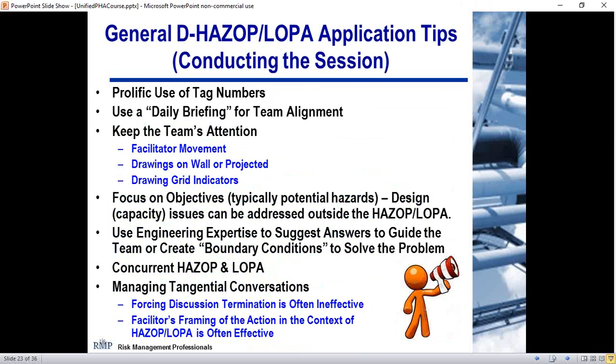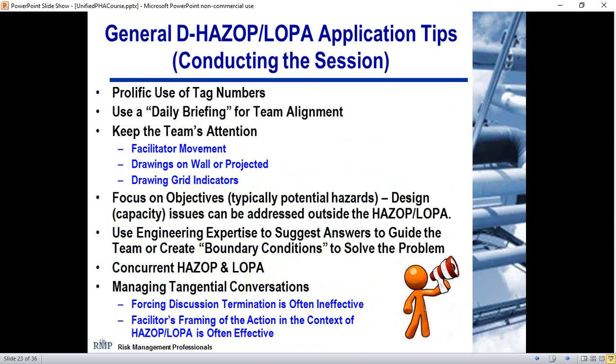Your objectives are probably safety and operability, with an emphasis on safety typically, especially if it's during the design. Capacity issues and a lot of these ancillary, tangential issues can be addressed outside the HAZOP and LOPA. Don't hesitate to make an assignment to the 2 people in the room of 10 who really have to resolve this kind of issue. As appropriate, a good facilitator, if you've prepared and understand the process, can create boundary conditions.